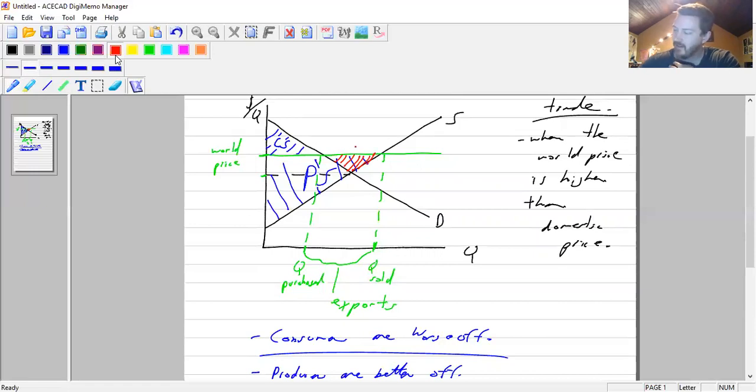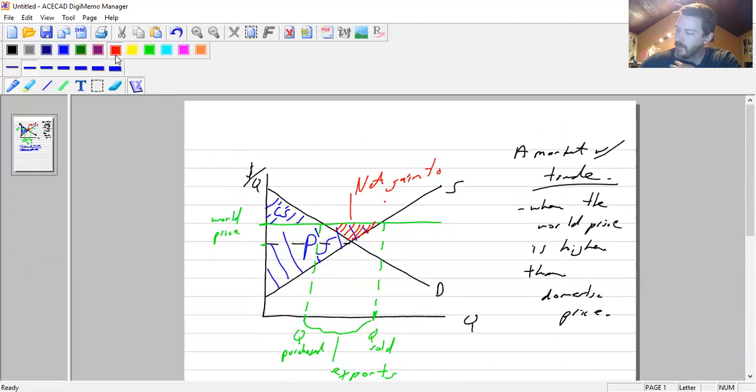That area is the net gain to society. That's the overall gain that we've seen. Even though consumers are worse off, producers have more than made up for the loss to consumers. The red part is the net gain to society. Does that make sense?